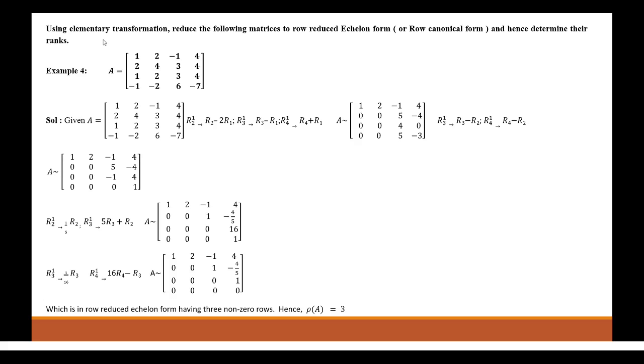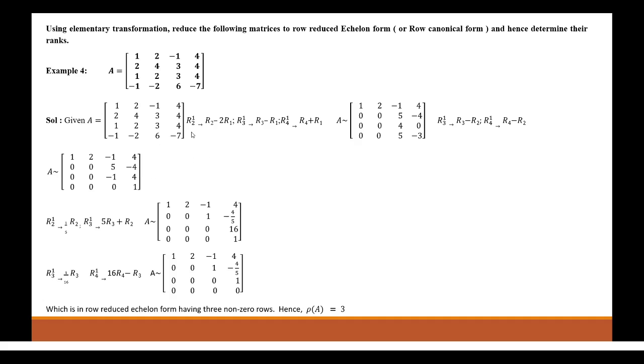Using elementary transformations, reduce the following matrix to row reduced echelon form or row canonical form and hence determine its rank. So in this example, first we have to operate row operations.